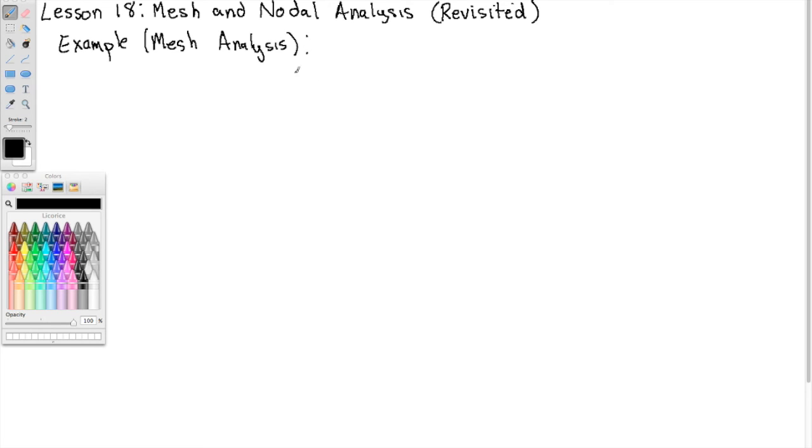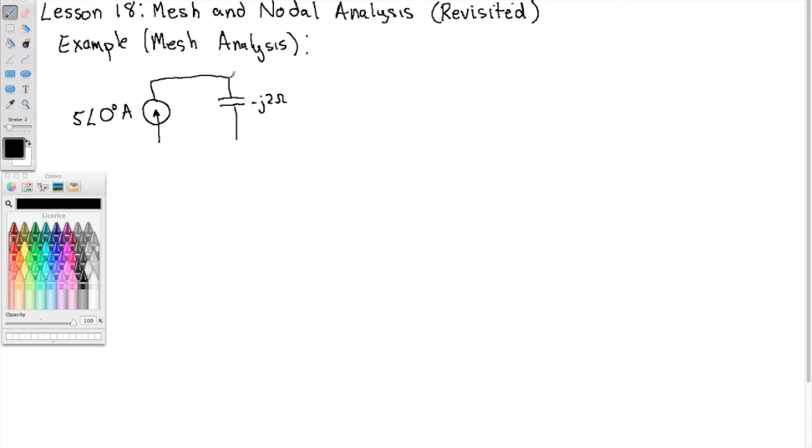If you recall the directions, an example would be find everything in the circuit. So find all of the currents, find all of the voltages, and so on. I'm not going to say specifically, find the voltage across the capacitor or something like that. We're just going to find all of the node voltages and all of the branch currents.